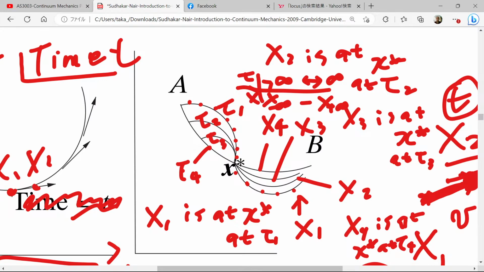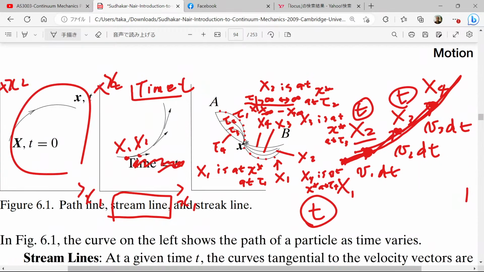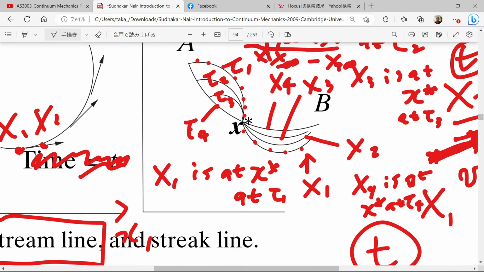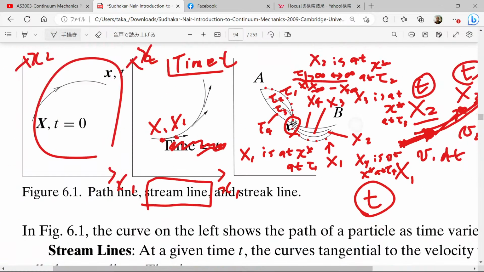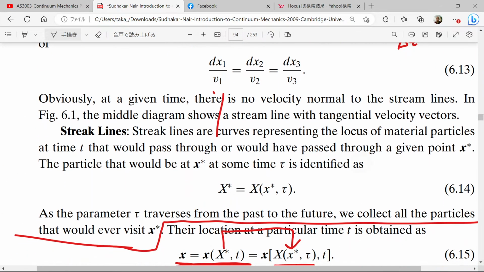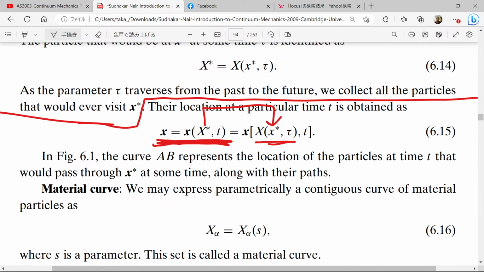You can collect all particles that can pass this point. And this is called a streak line.